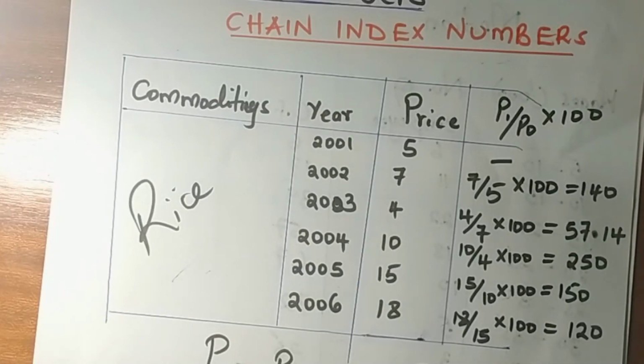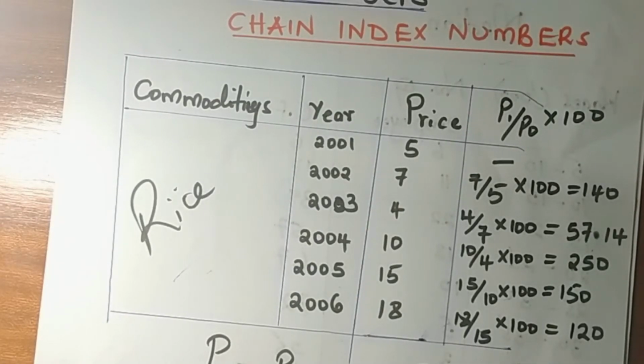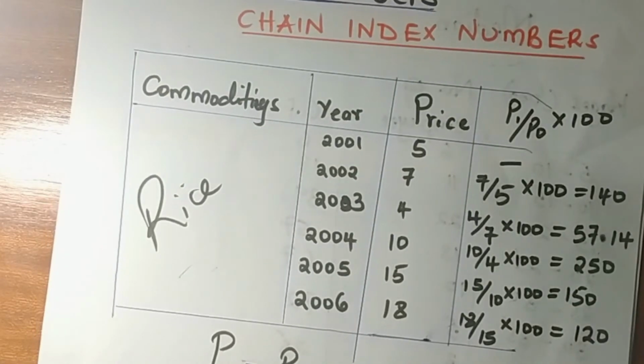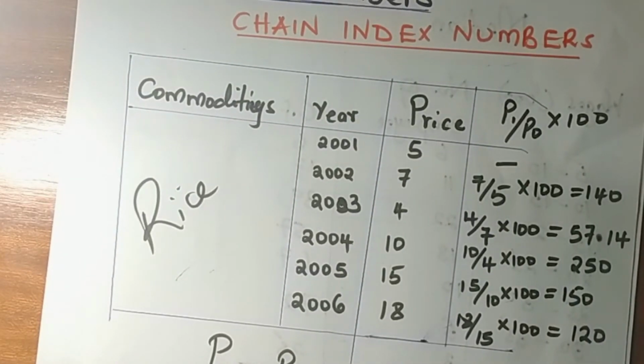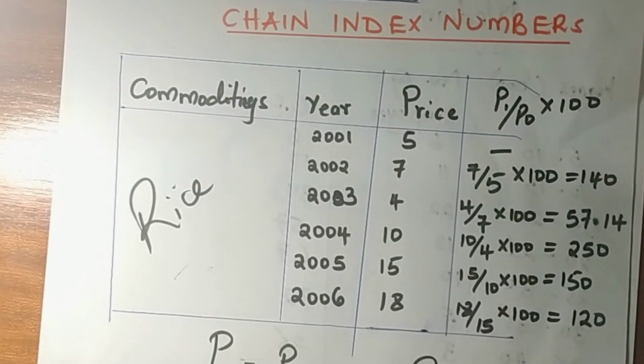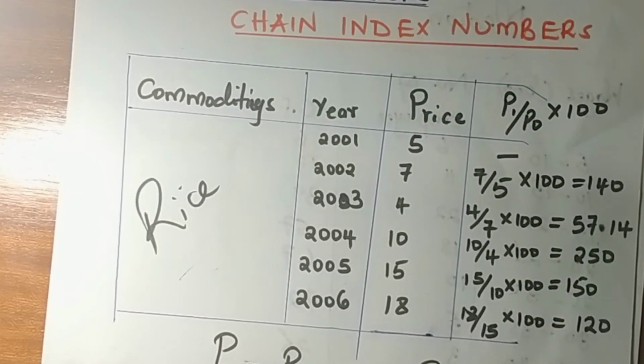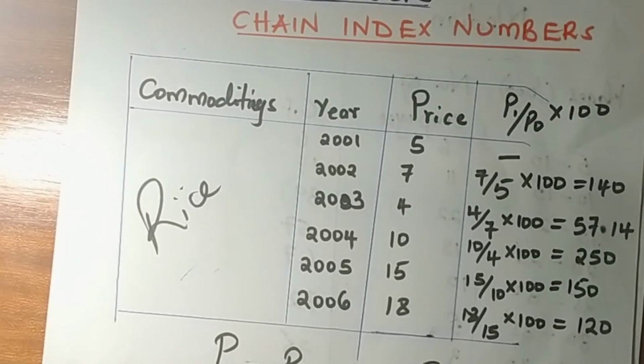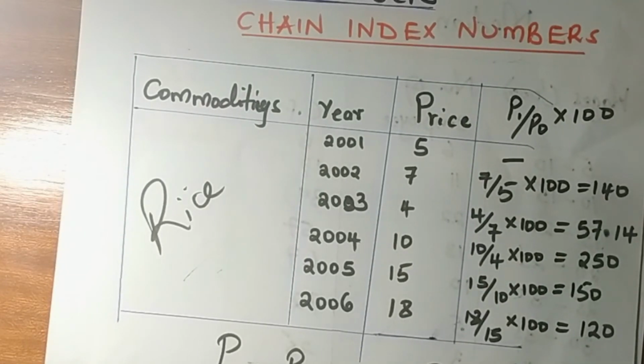Another merit is that, as a comparison with the preceding year, new items can be included according to the choices of a consumer, and in that case items can also be removed. Finally, this is a very useful method in economics, as the value of the variable in the current period is compared with the most recent period.